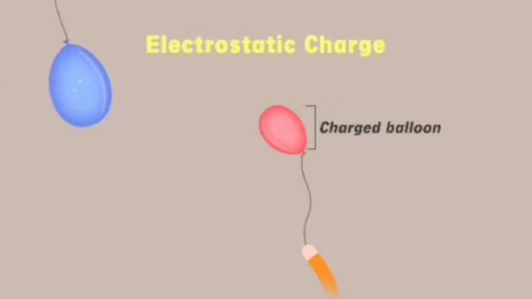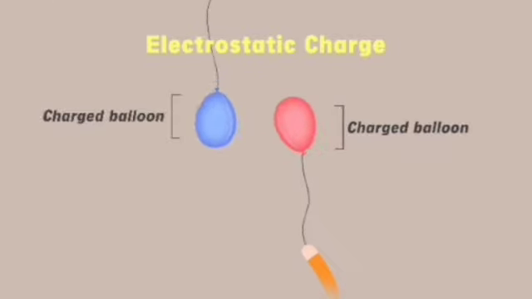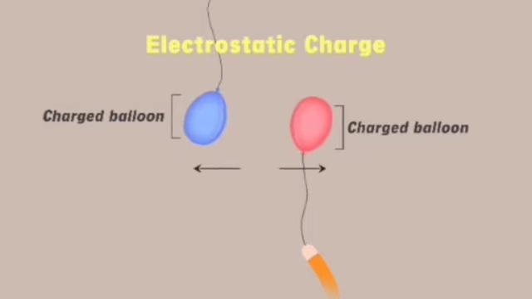So we have two charged balloons now. Bring them together. What did you notice now? Both the balloons are moving away from each other now. That is, they are repelling each other. This is because of the force that is acting between them. But here the force is repulsive in nature.